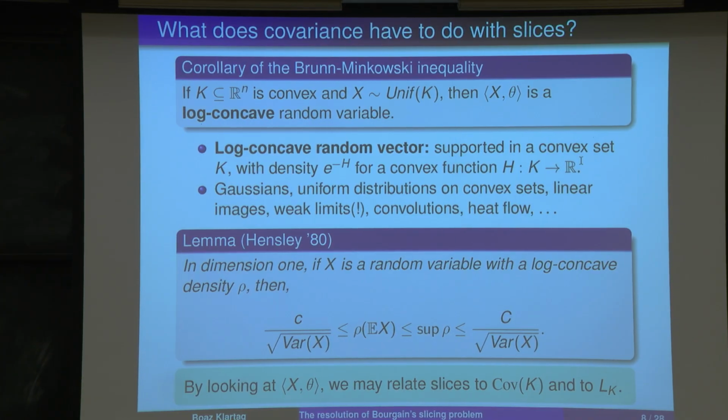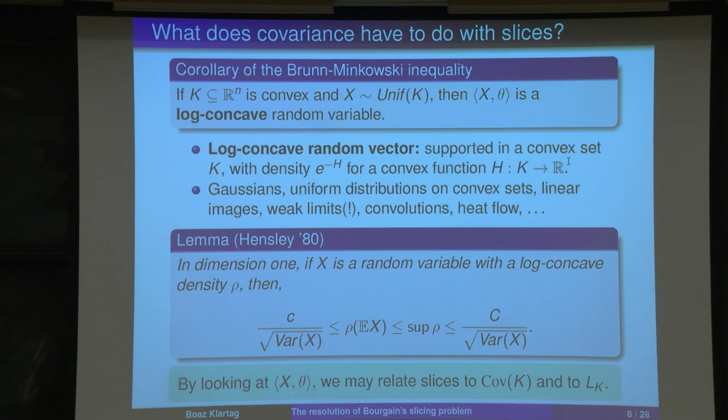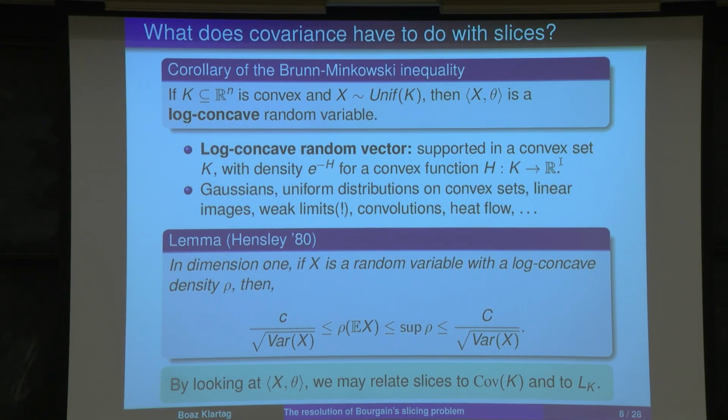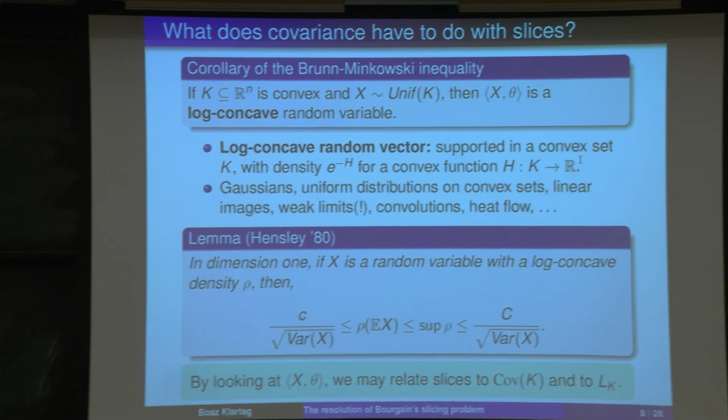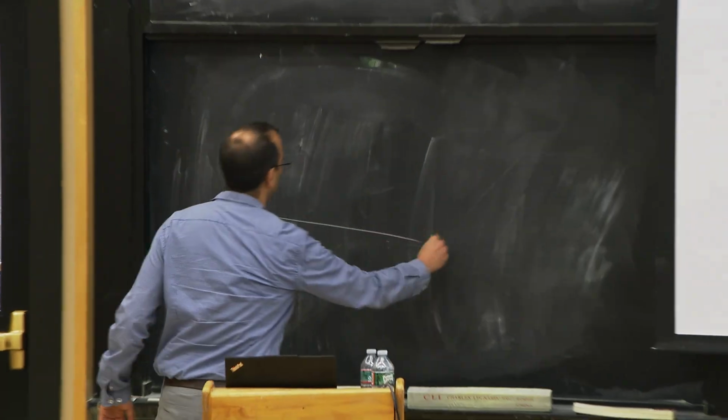the situation is more or less like Gaussian. When you have a Gaussian, all you need to know is the expectation and variance, and then you know the Gaussian. In the log concave world, it's pretty much the same up to a universal constant. So if you have a log concave random variable in one dimension, the density looks like that.